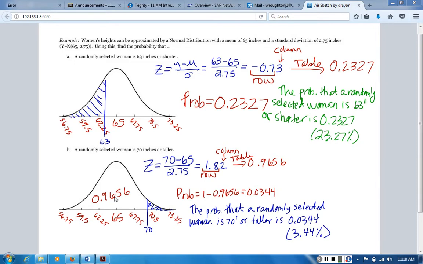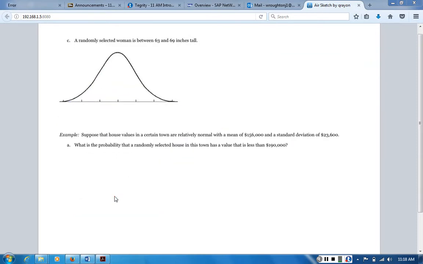Okay, another example. Suppose we want to find the probability a randomly selected woman is between 63 and 69 inches tall. So I'm still working with women's height, so I'm going to have all those same numbers along the bottom. So I'm just going to put those in here real quick.